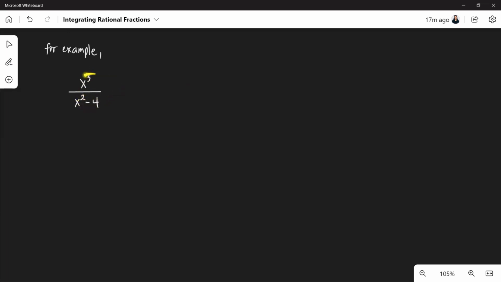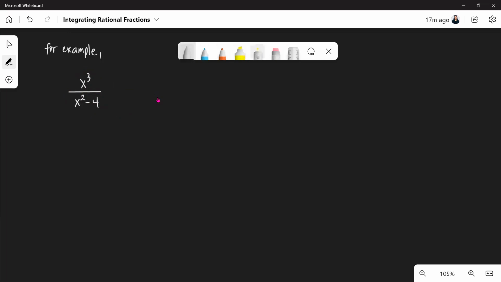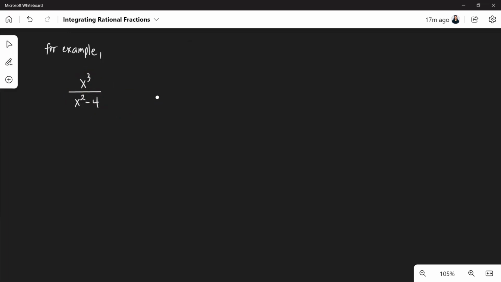So the entire numerator must be divided by x squared minus 4, and not divided by each term in the denominator. That's wrong. We need to use long division to get the quotient and the remainder. You need to write first the numerator.